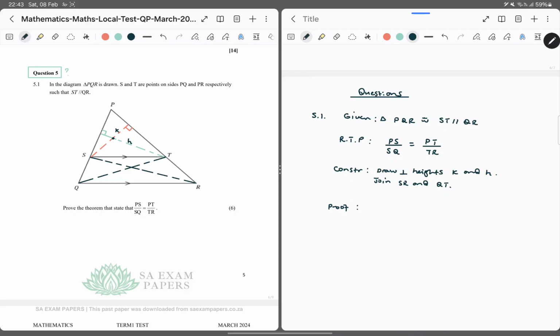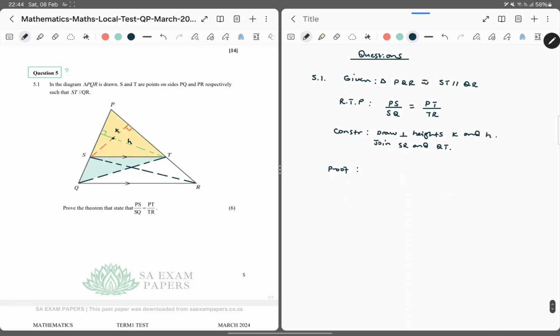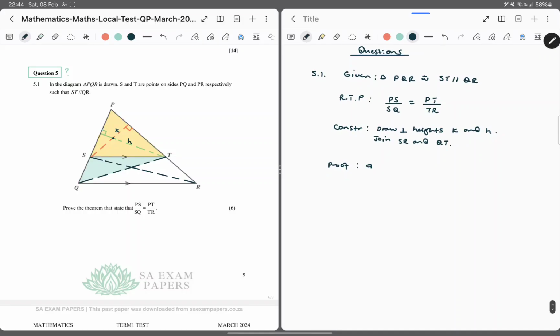So, what are we going to say? We're going to focus on 2 triangles. So we'll focus on those 2 triangles first. All right. Okay, we will say in triangle PST and triangle, say, QST.